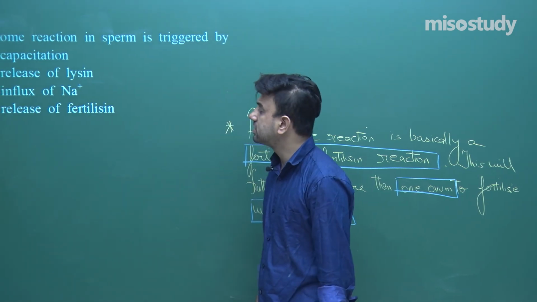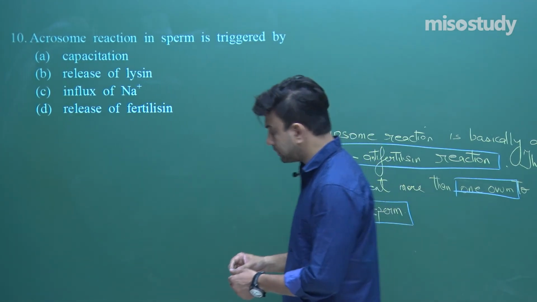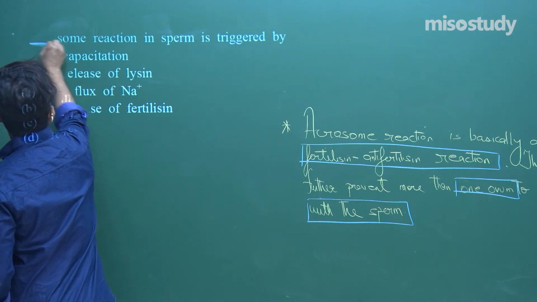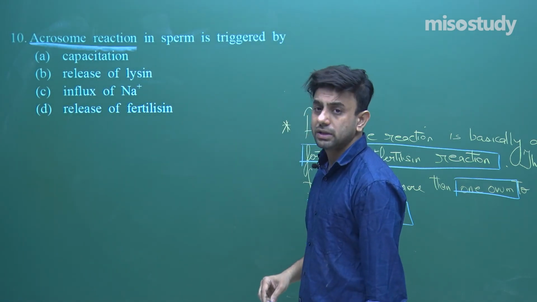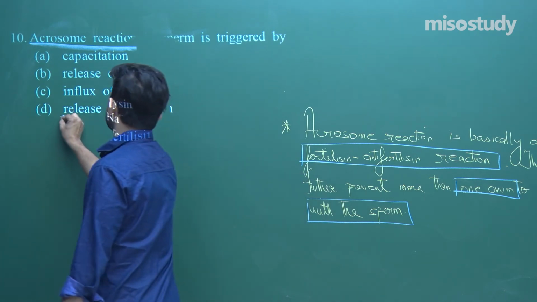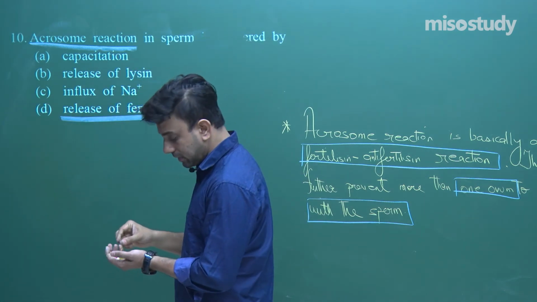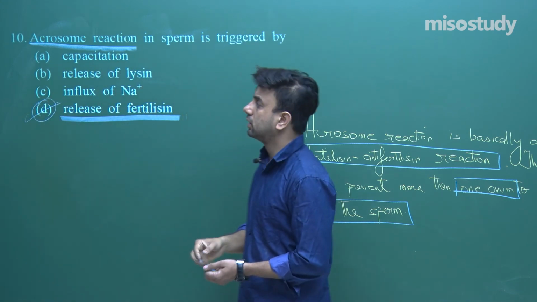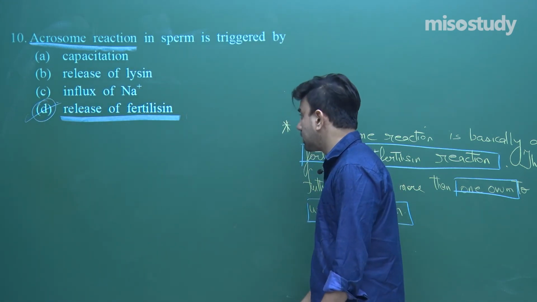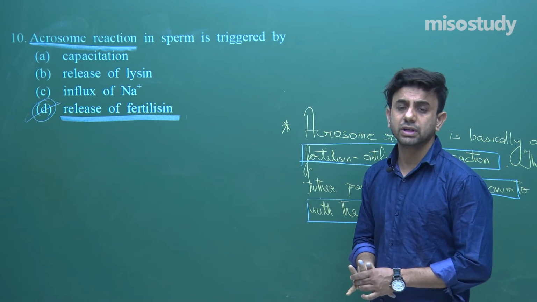And hence, the acrosome reaction in sperm is triggered by the release of fertilizin.